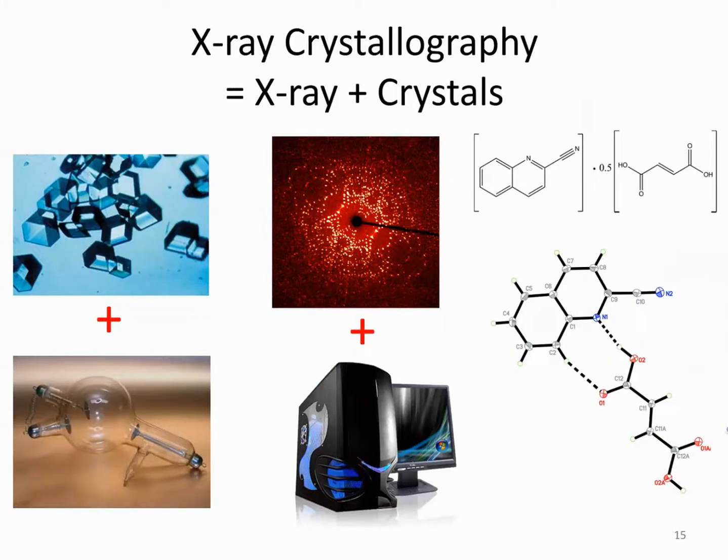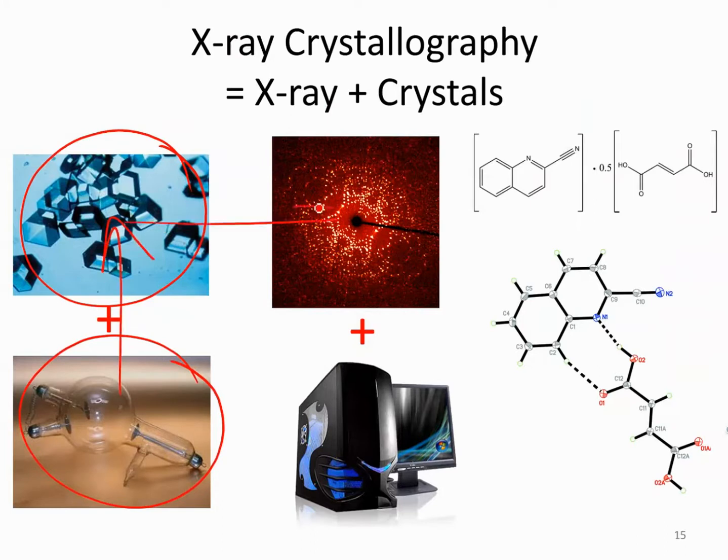So basically, X-ray crystallography is just the X-ray interacting with the crystal. So this is the structure of the crystal, the picture of crystal. Then this is X-ray tube. X-ray hits the crystal, produces the diffraction pattern. Okay, then the diffraction pattern, we convert it into digital.